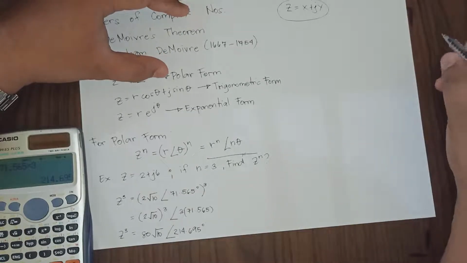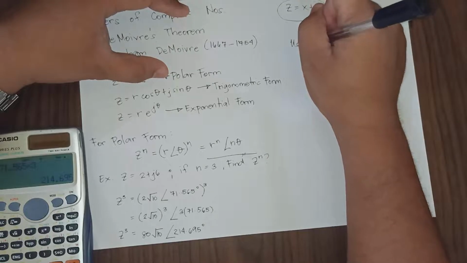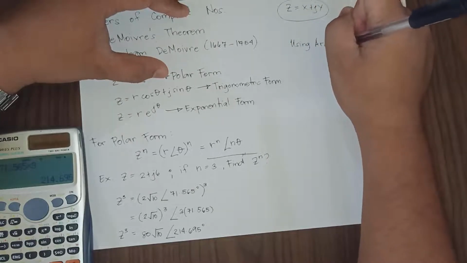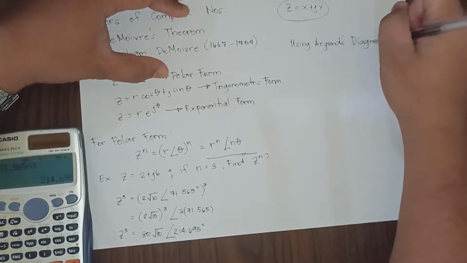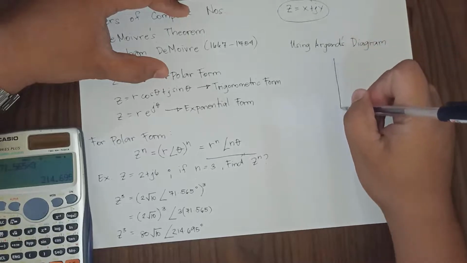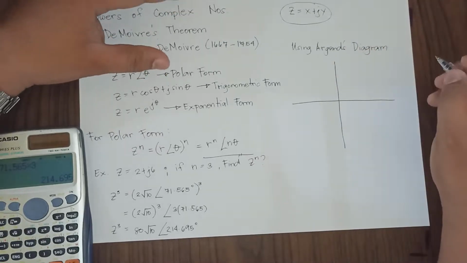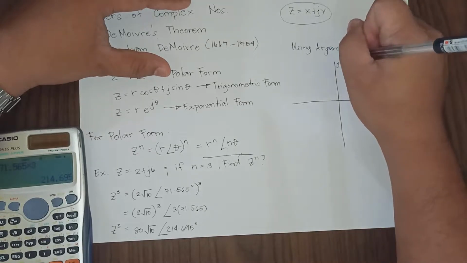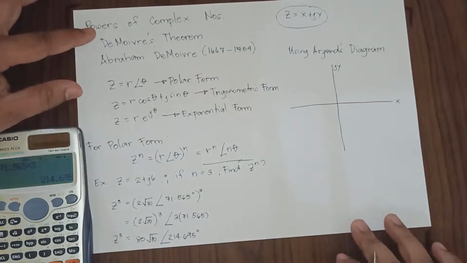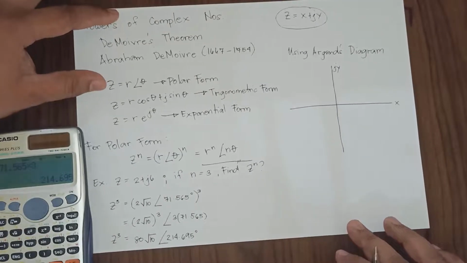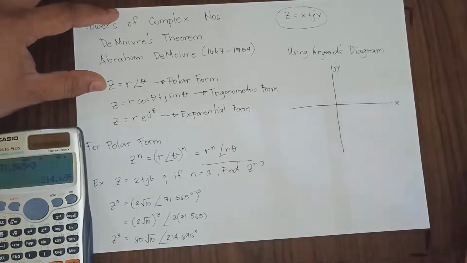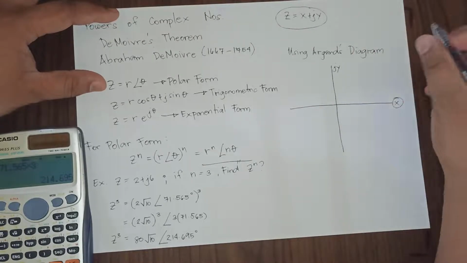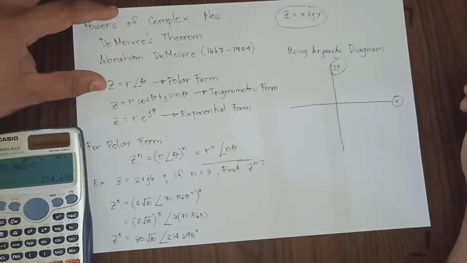Okay. Using Argand's diagram, if this is x and this is jy, of course in Argand's diagram, itong ating horizontal line is our real part of our complex number, and the vertical part is the imaginary part of our complex number, di ba?